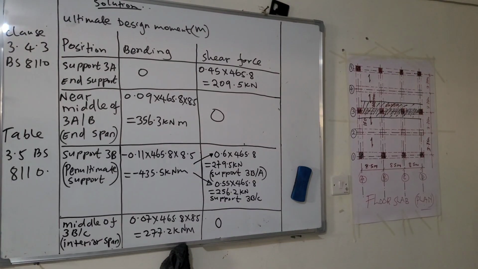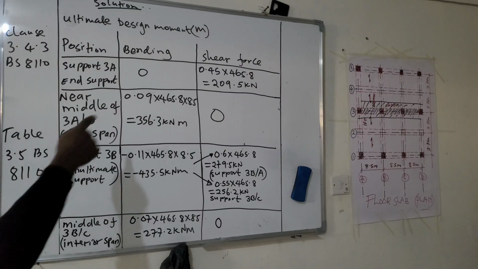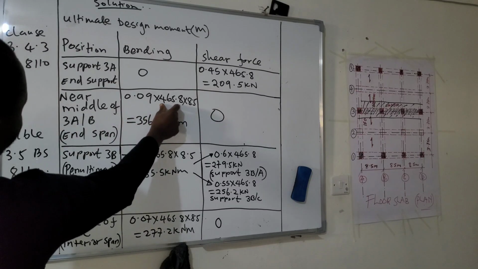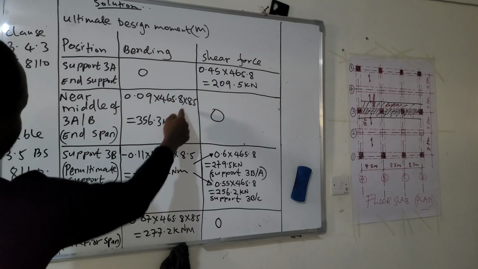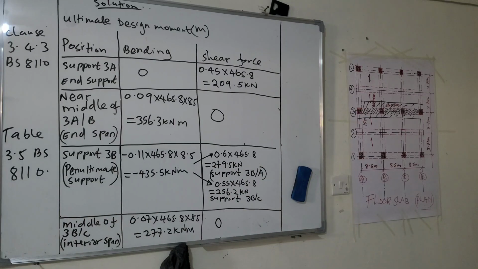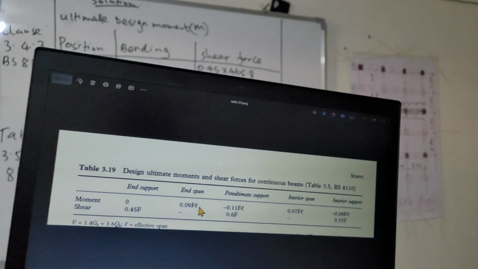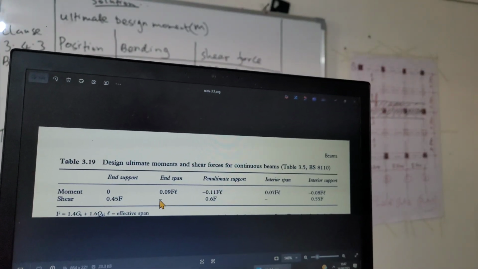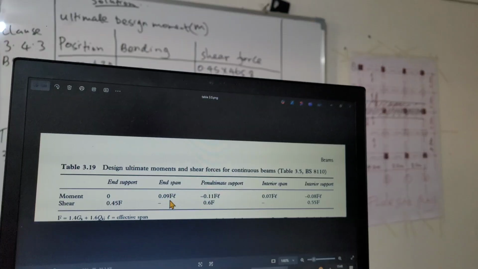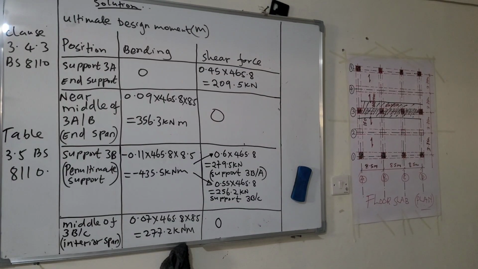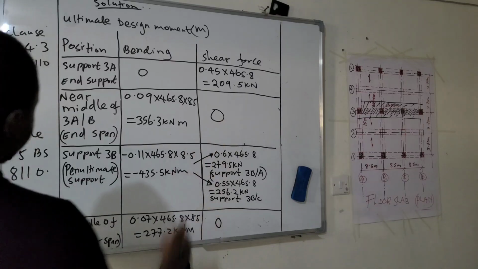So 0.09, and then F, which we already have, and then L, the span distance, which is 8.5. You will get 356.3 kilonewton meter. And then you have the shear. We have a dash for the shear, which is 0. You will write here 0.